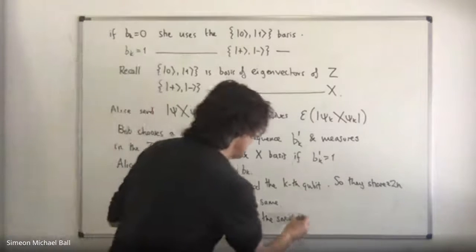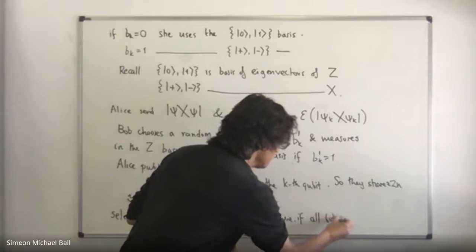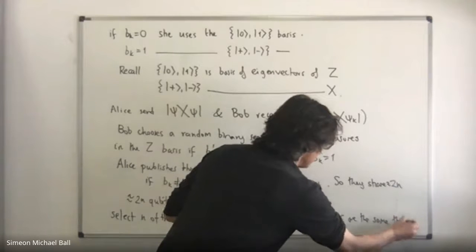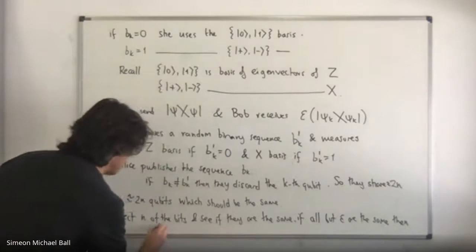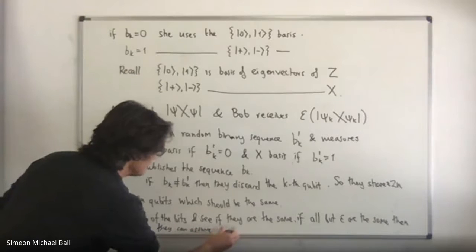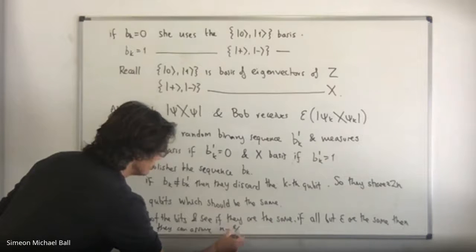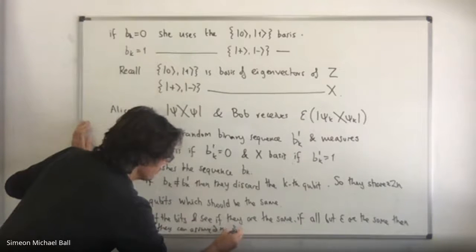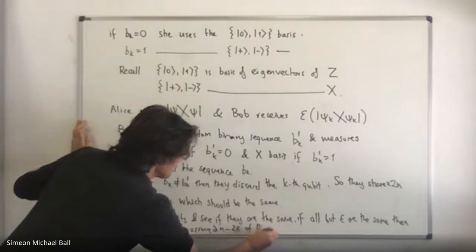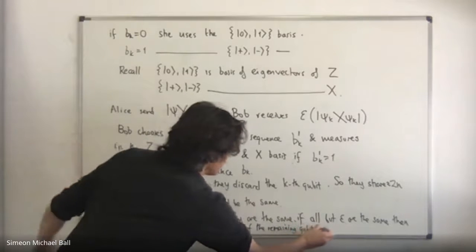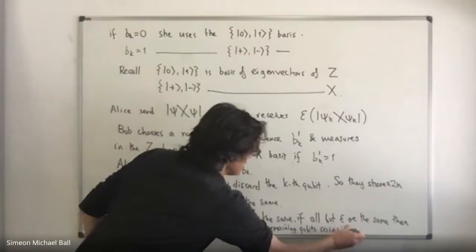They'll say if all but epsilon are the same, then they can assume that at least n minus 2 epsilon of the remaining bits coincide.